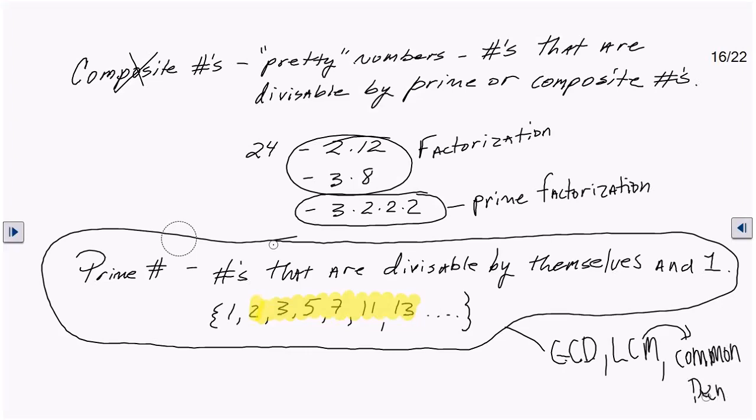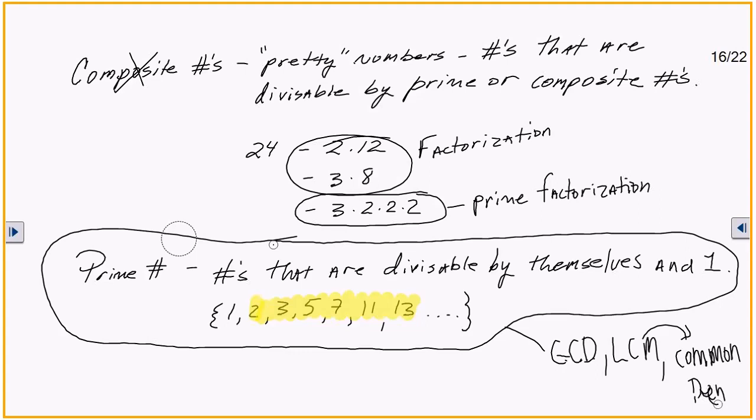So we're going to touch on that before we go into the fraction review, because it's very important. While I'm giving you the definition of composite and prime, in this review video we're going to focus on the prime numbers and the prime factorization.